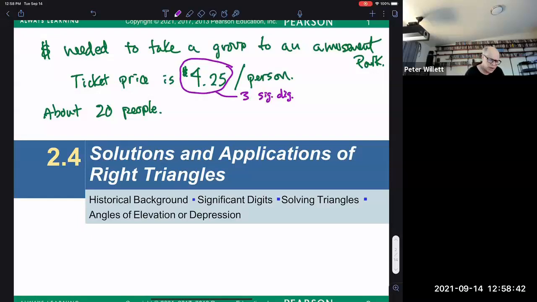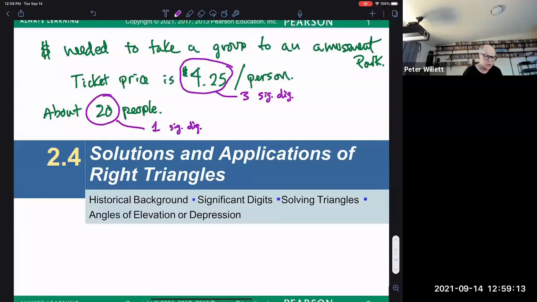Then when we say about 20 people, this only has 1 significant digit. Because the ones place, when we say about 20 people, is not measured accurately. I don't know if there's going to be 22 people, 21 people, but I'm thinking it's closer to 20 than it is to 10 or to 30. It's kind of been rounded off to the tens place because it's an approximation.